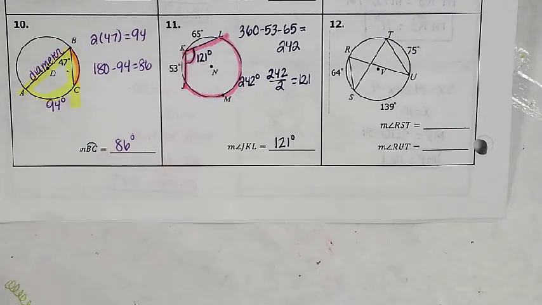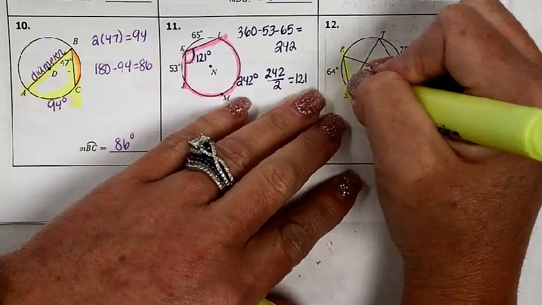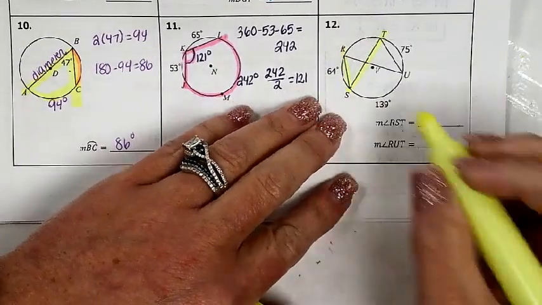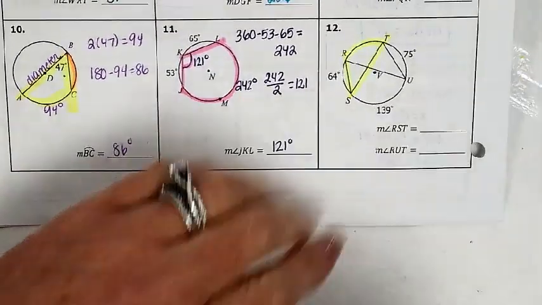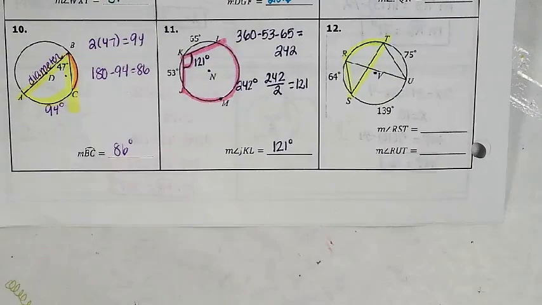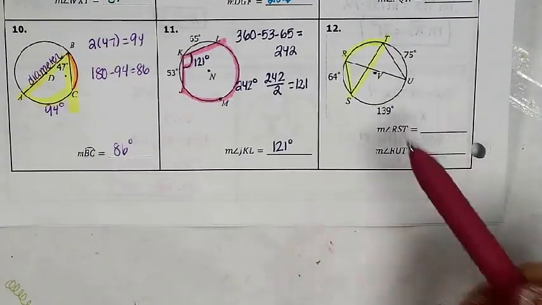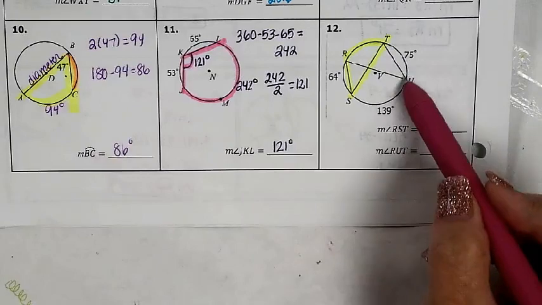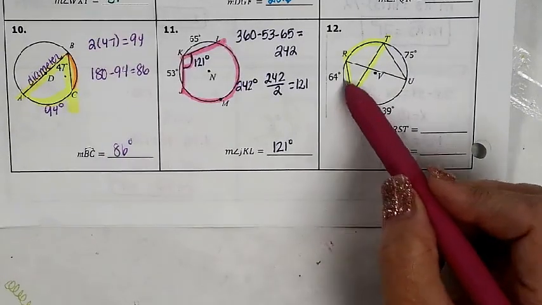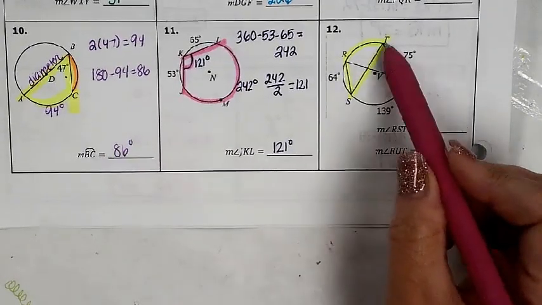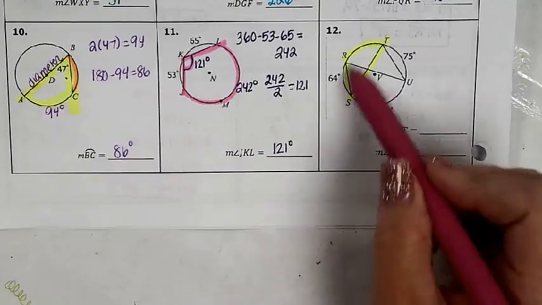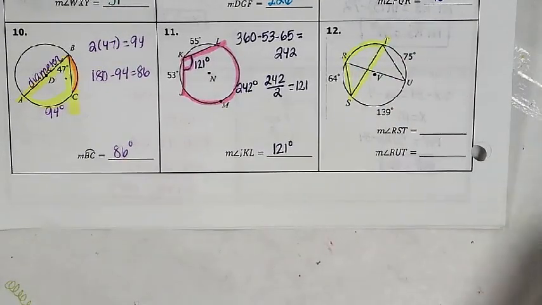It intercepts this arc right here. I do not know the measure of that arc, but what I do know, I have 75, 139, 64. I can find arc RT by adding those together and subtracting it from 360, which would then give me 82 degrees.